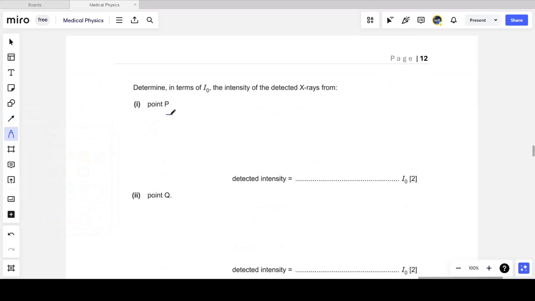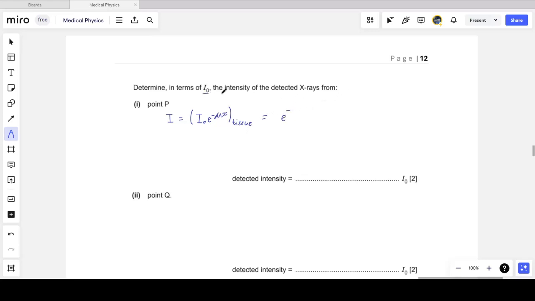So what I get is that the transmitted intensity I is equal to I naught e to the minus mu x, and I'm going to put subscript tissue because the mu value, which is the attenuation coefficient, is that for tissue, and x is the distance that the X-ray traveled through tissue.